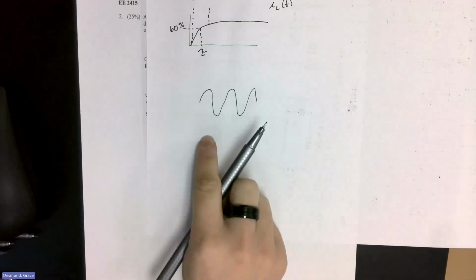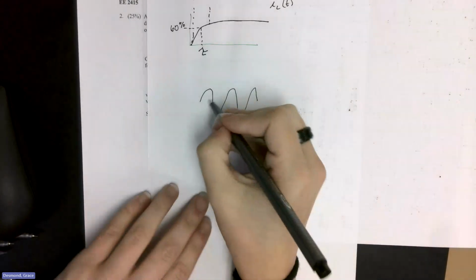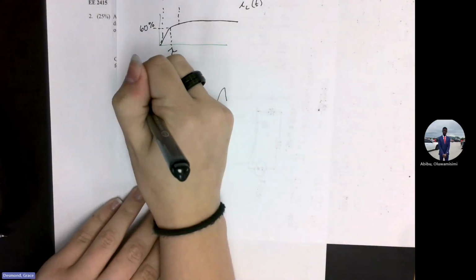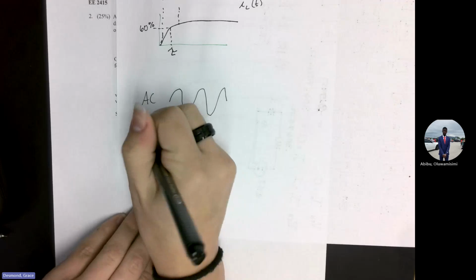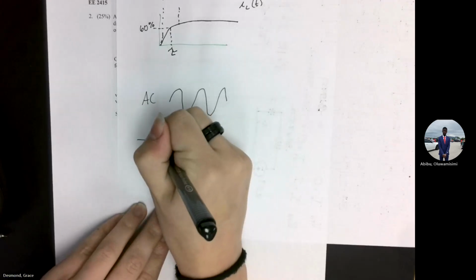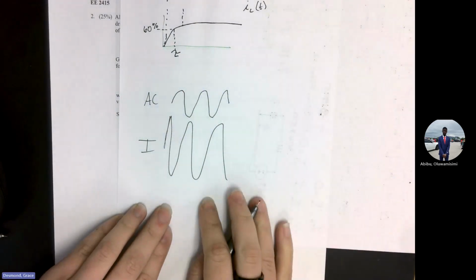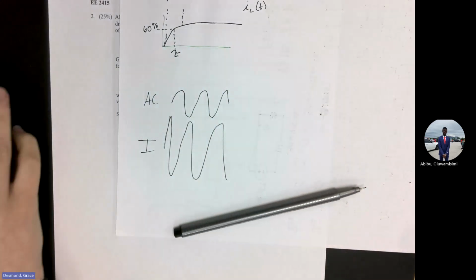So whenever you see a sine, your answer is going to be a sine wave. But say this is your sine for your AC, your inductor current might be something very, very different.